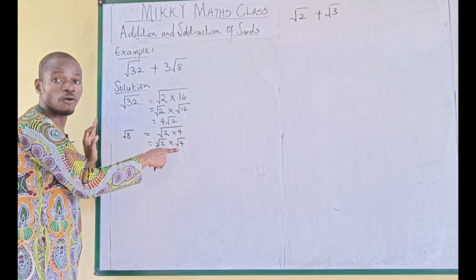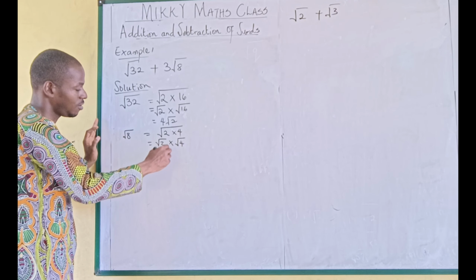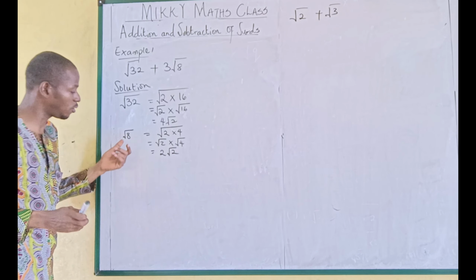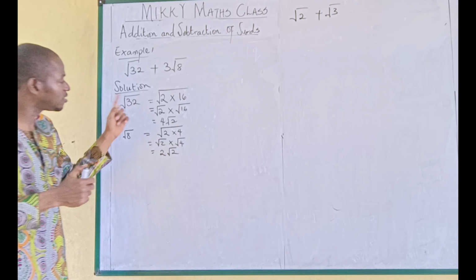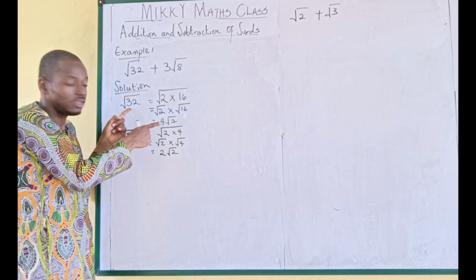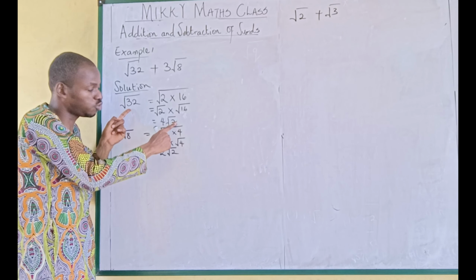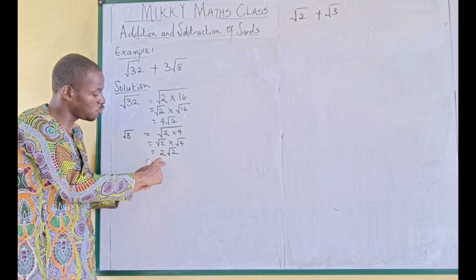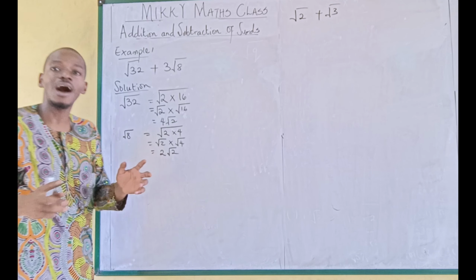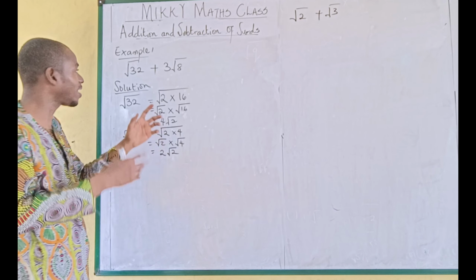The square root of 4 is 2, so 2 root 2. I've broken down root 8 into its basic form. Now look at this first one. Root 32 in its basic form is 4 root 2. Root 8 in its basic form is 2 root 2. Now they are similar surds, so I can add.